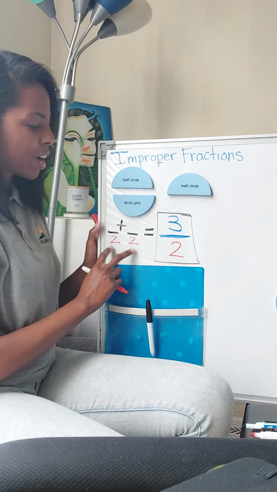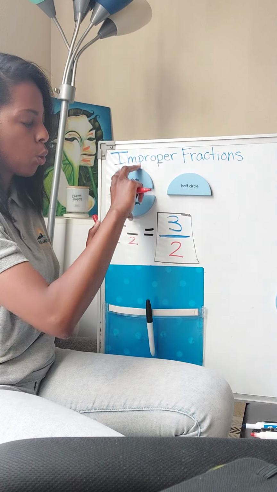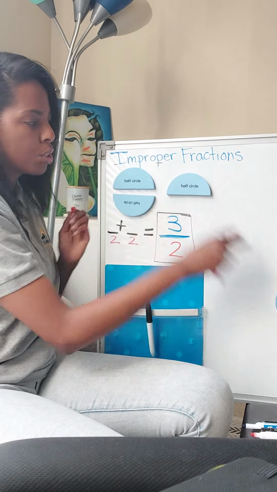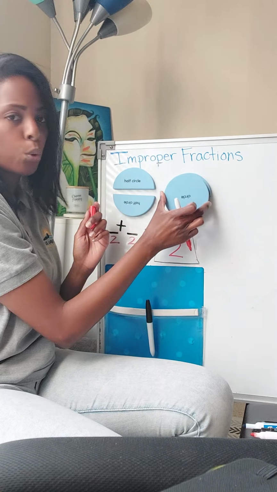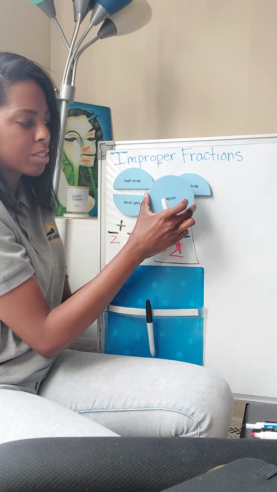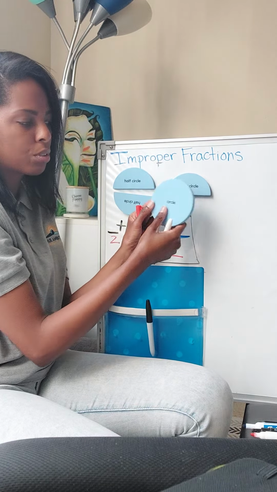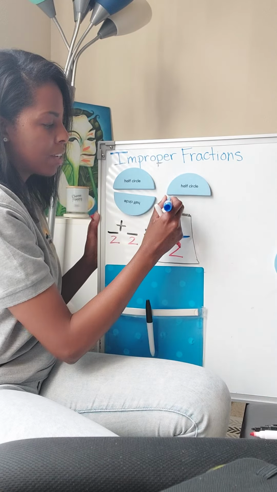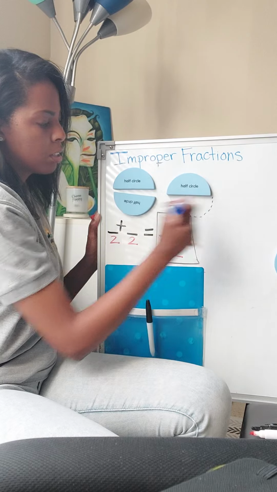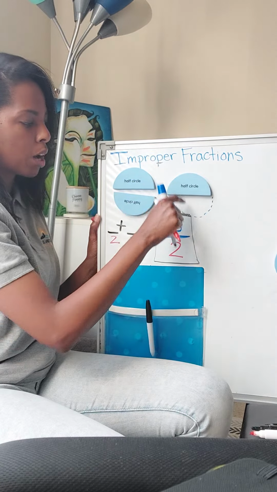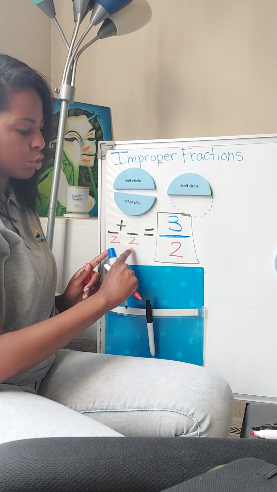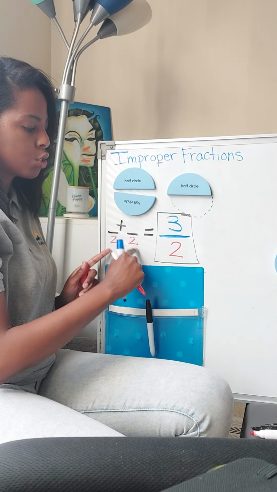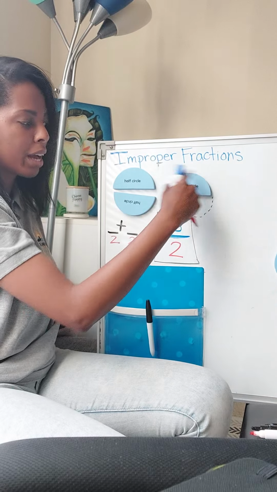So we have our halves at the bottom because our wholes are cut into 2 parts. You know that this half circle comes from a whole circle, but we don't have the rest of the whole circle. We only have half of it. But if you were to draw an imaginary half circle there, now you understand why we have 2 in the denominators, because the whole is cut into 2, and how much of the whole do we have?